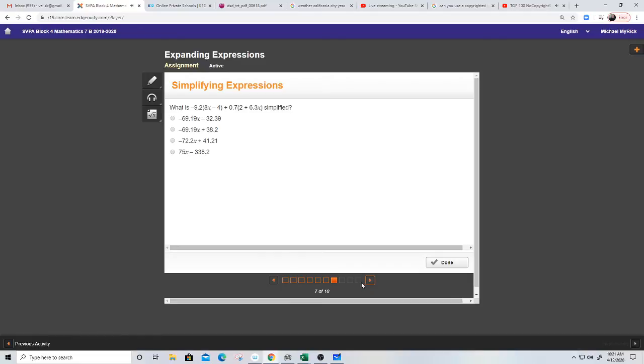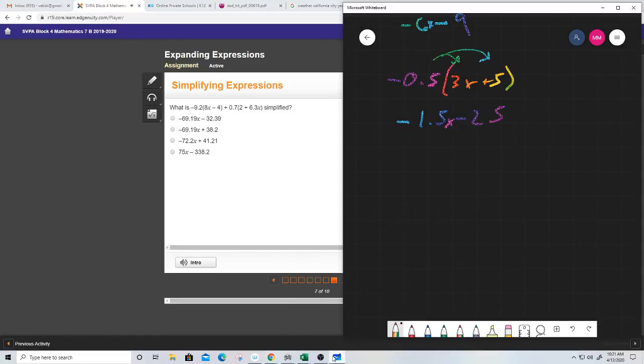Simplify the expression. Yeah, quickly. Again, I got negative 9.2 times 8x minus 4 plus 0.72 plus 63x. Wow, they just gave you a whole bunch of big ones, huh?